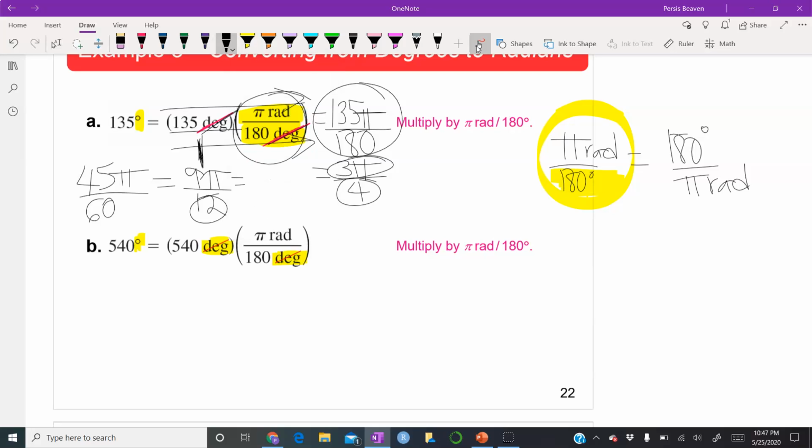So if we multiply this straight across, 540 times pi radians, it will be 540 radians. And yes, I forgot the units here and here. And that will be divided by 1 times 180. And so if we just divide 540 by 180, I believe that's equal to 3. So this will be equal to 3 radians.